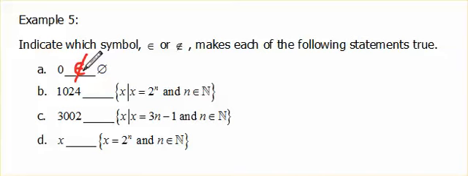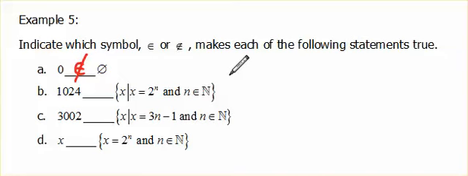Now the second one is 10 to the 24. Is it an element or not of the set of all x's such that x is equal to 2 to the n, and n is an element of the natural numbers? Well, what they're asking us here is, 2 to some power that happens to be a natural number, is that 1024?